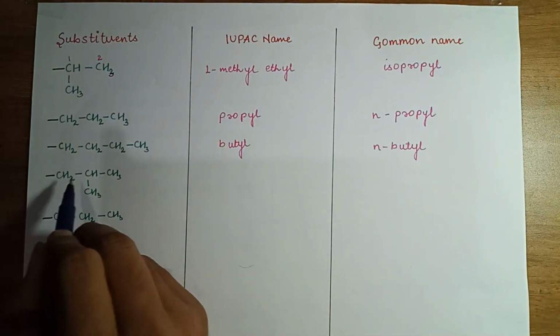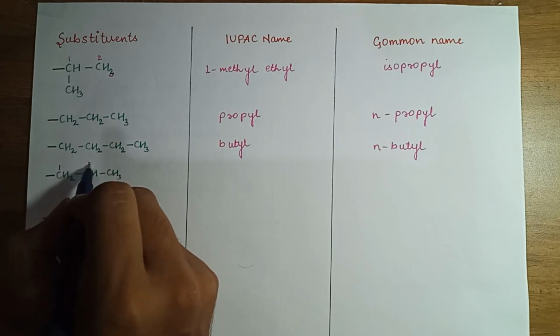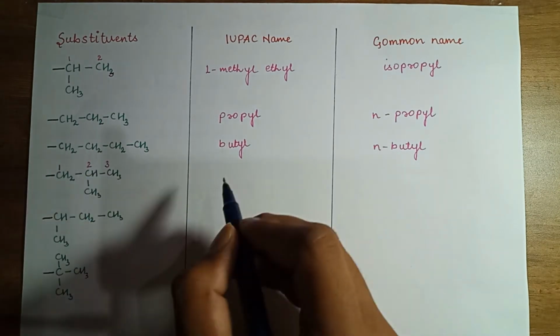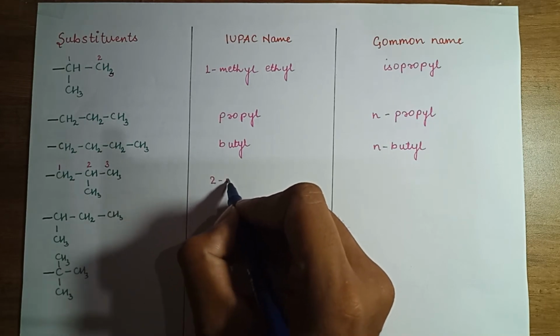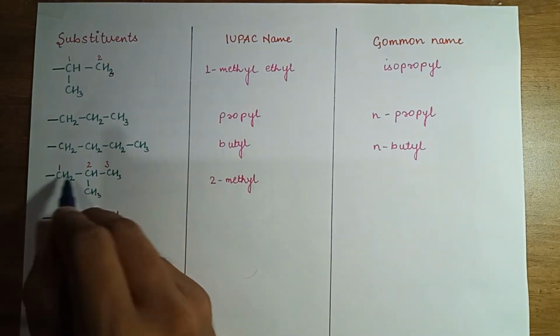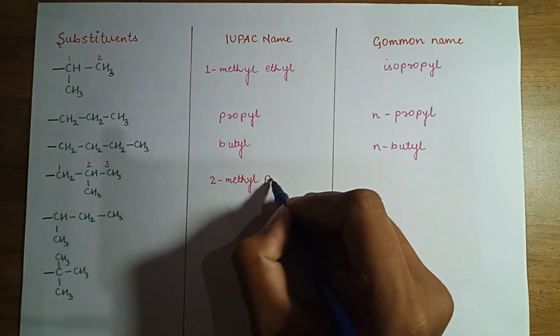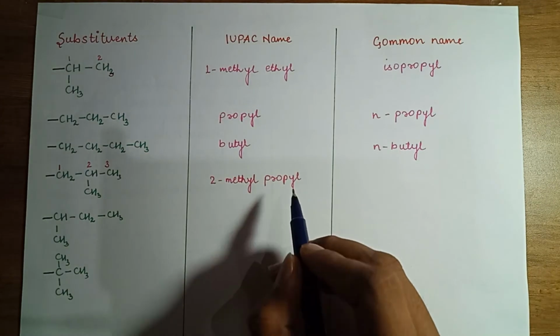This one, CH2 CH CH3 and CH3. Start with this 1 2 3. So branching, it is 2 methyl for this, and 3 carbon chain it is propyl. Remember, you don't have to write propane, you have to write propyl.